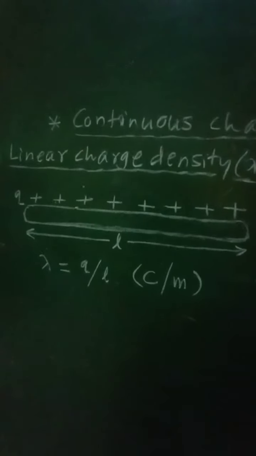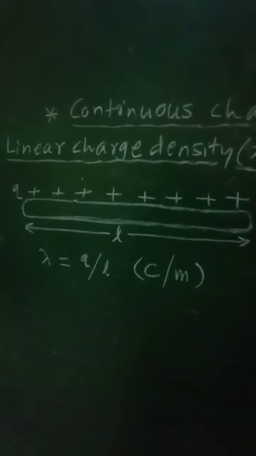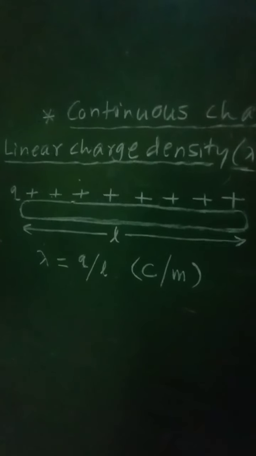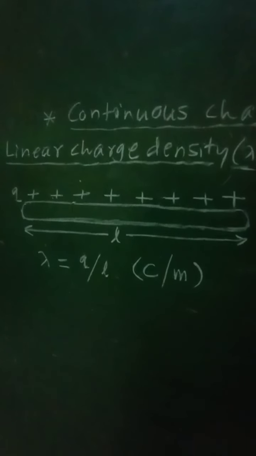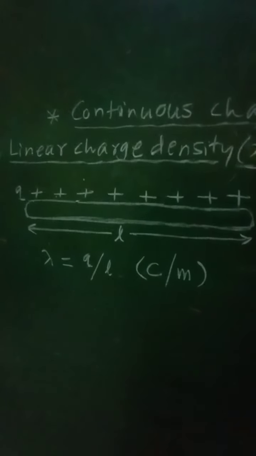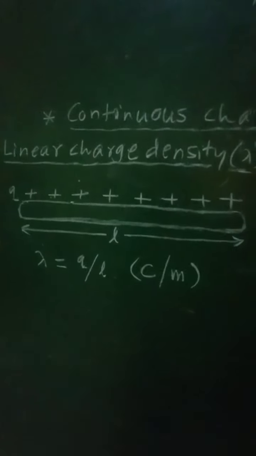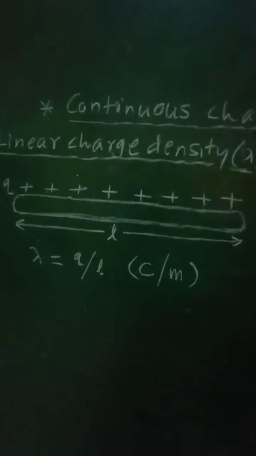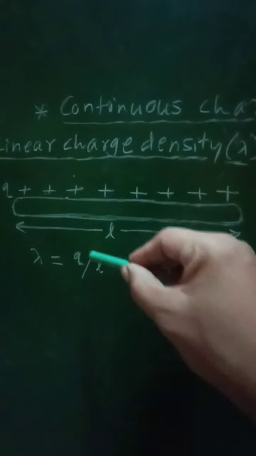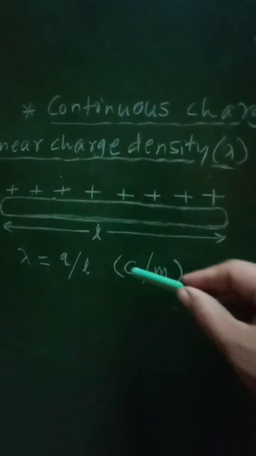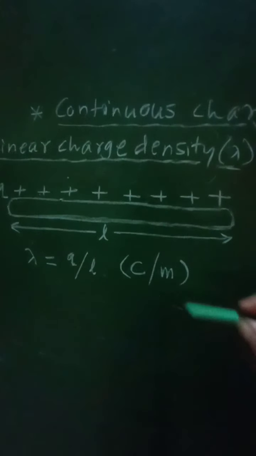So if charge q is uniformly distributed along a linear conductor of length L, then linear charge density is defined as the charge per unit length, and therefore linear charge density lambda is equal to q by L. The SI unit of linear charge density will be coulomb per meter.